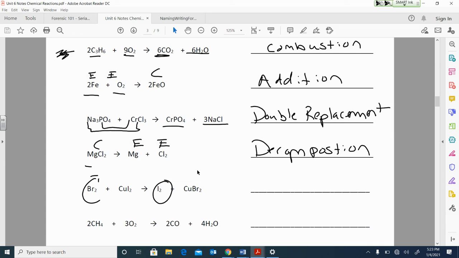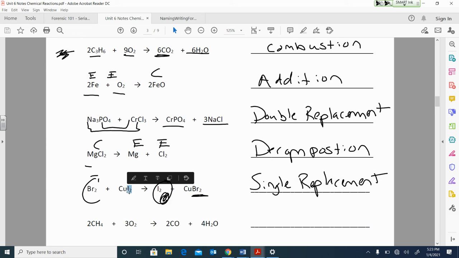It's a different element by itself. So it's the single swap. This single kicked this single out, made him sad and lonely over here, and took his place. So that is a single replacement reaction. We'll talk about why they do stuff like this later, but these are just the broad types. We'll talk about how and why they do this in more detail later.